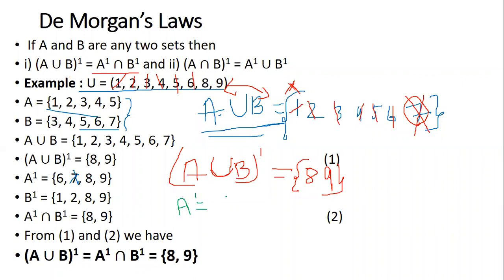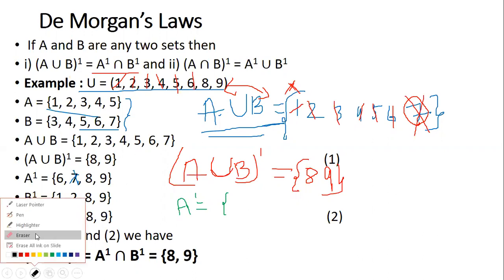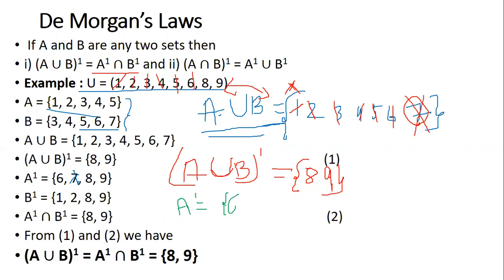When compared to the universal set, it was 6, 8 and 9. Sorry for that bad handwriting. And then what was B complement? 1, 2, 3, 4, 5, 6 was there, 8, 9.